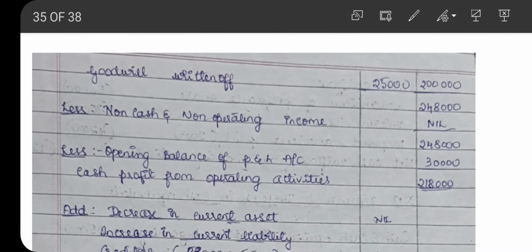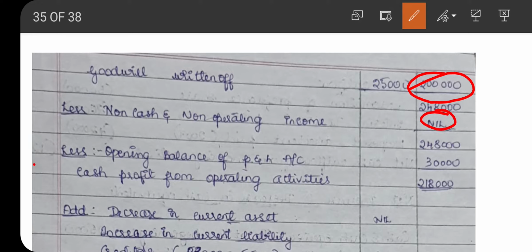So when we add all these items, we get a total of 2 lakh. Now this 2 lakh is added to the closing balance of profit and loss account, which is 48,000. So the total comes to 2,48,000. Now less non-cash and non-operating income. In this problem there is no non-cash and non-operating income, so it is nil.